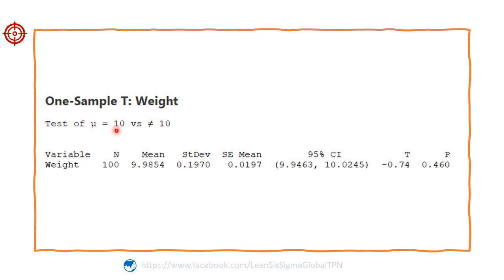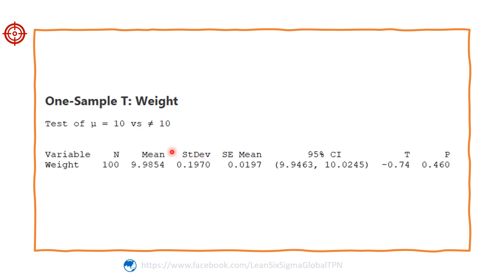The answer is given as the p-value, which for this test is equal to 0.46. Because the p-value is greater than alpha, we fail to reject the null hypothesis. There is insufficient statistical evidence to claim the population mean is not equal to 10 kg.